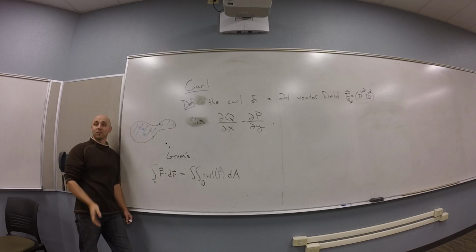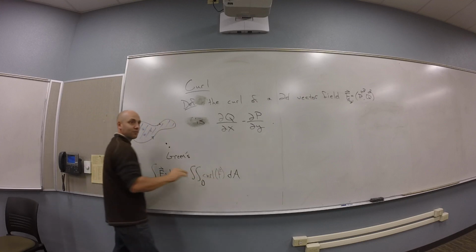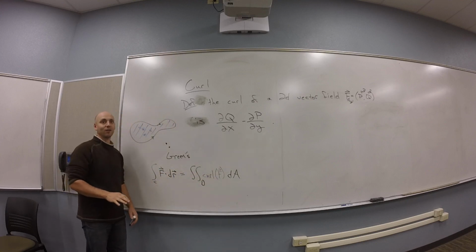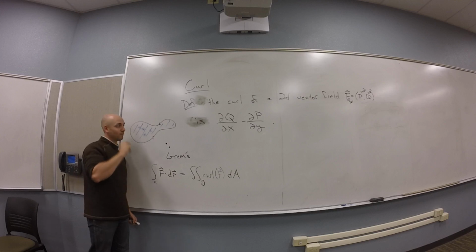So that's why we call this a curl, because it's literally the tendency of the vector field to curl locally. You guys cool with that? Now, why this exact computation gives you that, I'm not going into right now, but that's what I'm telling you. Kind of, sort of, maybe?